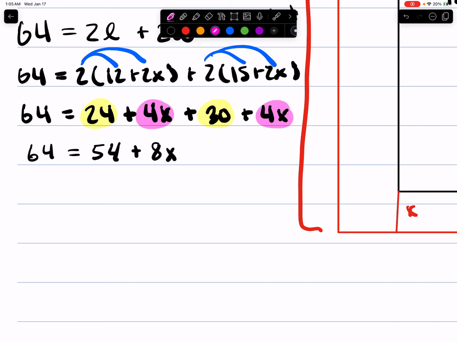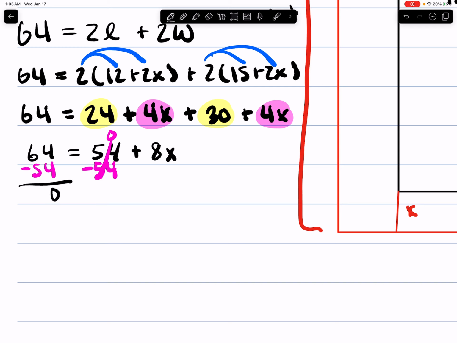The furthest thing away from x on this side right now is the 54. So that's the first thing we're going to move over. It's positive, so to move it to the other side, we subtract it. 54 minus 54 is 0. 64 minus 54 is 10. So we have 10 equals 8x.